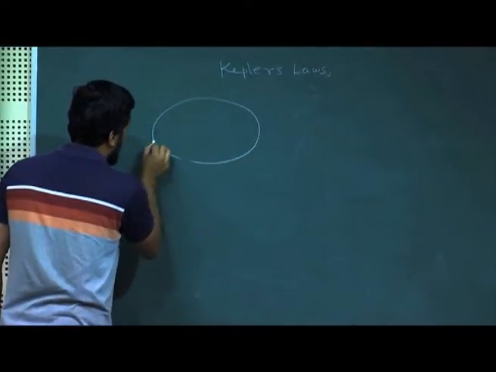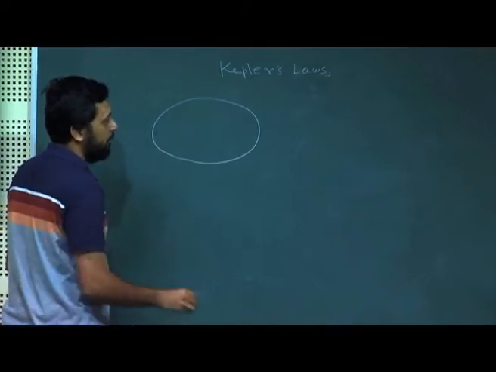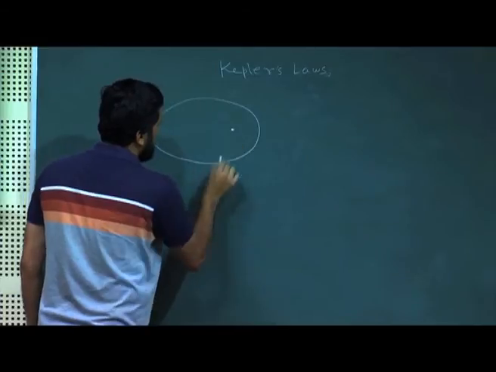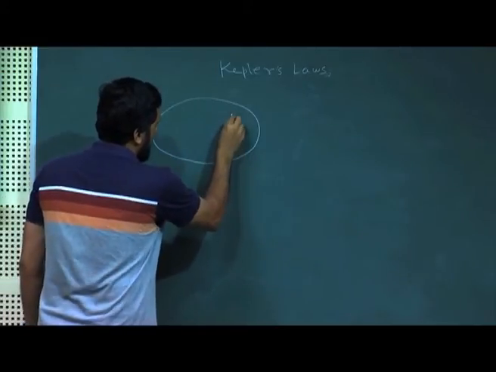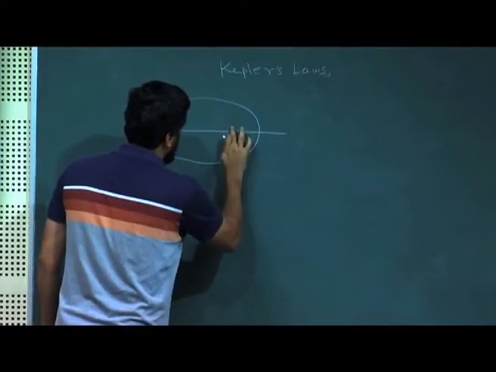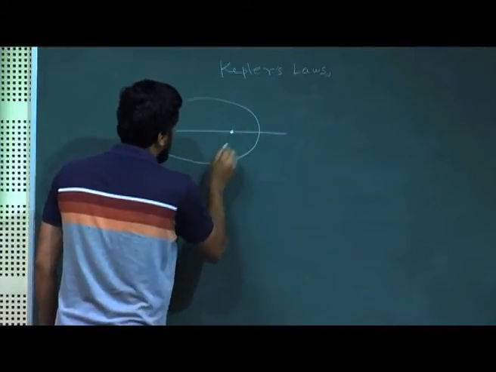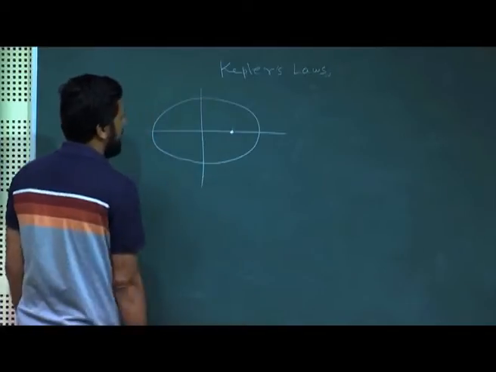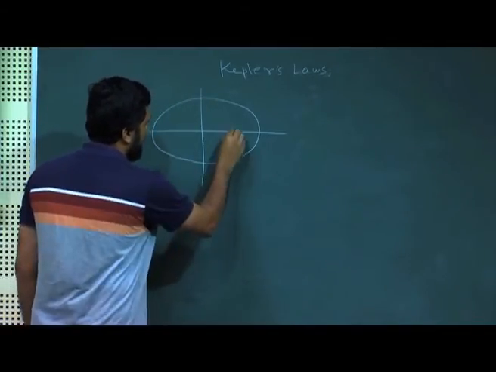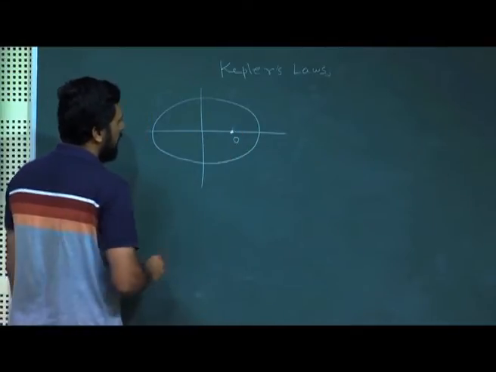So this is an ellipse. This is one of the foci. We take our origin here. This is the major axis. This is the minor axis of the ellipse. So this is our center of coordinate system O.